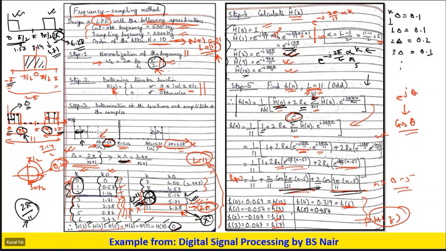And since we know that the hn values would be repeating themselves, h4 would be equal to h6, h3 would be equal to h7 in the reverse way, then h5, h6, h7, h8, h9 and h10. h0 would be equal to h10, right? So in this way you perform, and then once you have got this, the same method you perform the Z transform, and that's it.